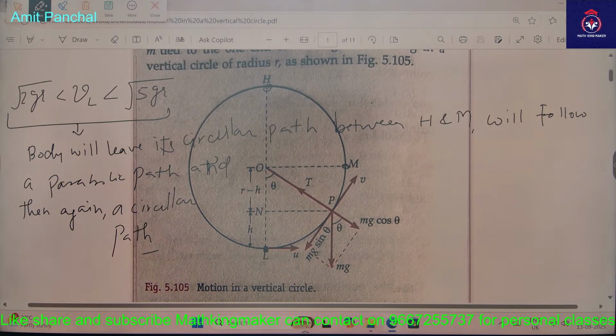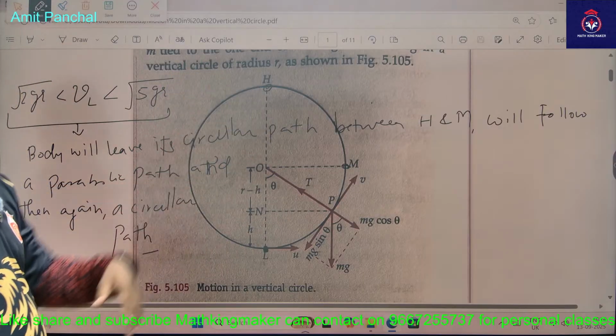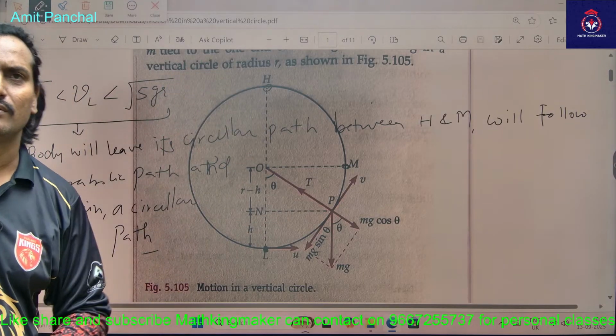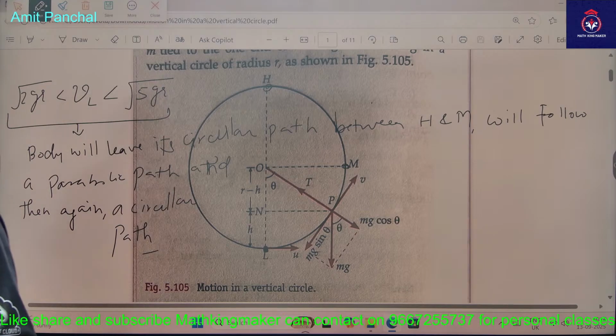What is the exact meaning of root 5gr and root 2gr? What does it signify? R is the radius of the circular path, g is a constant. This is just an expression, not a value, and has no special meaning.